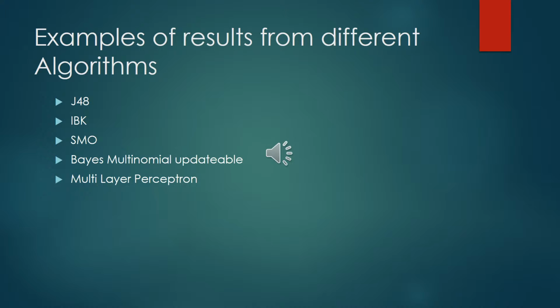Then SMO, whose full form is sequential minimal optimization. This algorithm is basically used to train support vectors. Then is Bayes multinomial updatable. Then is multi-layer perceptron.